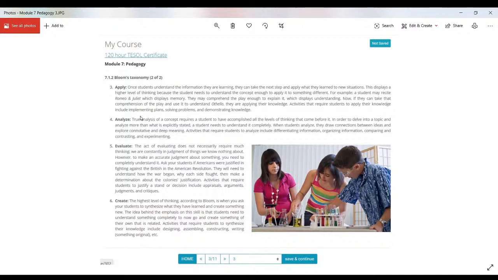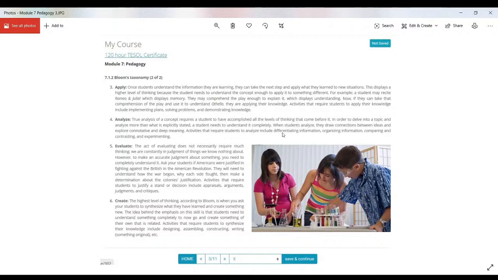Next is analyze. True analysis of a concept requires a student to have accomplished all the levels of thinking that come before it. In order to delve into a topic and analyze more than what is explicitly stated, a student needs to understand it completely.